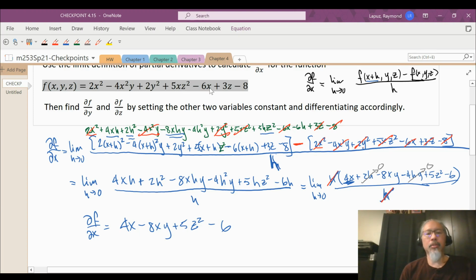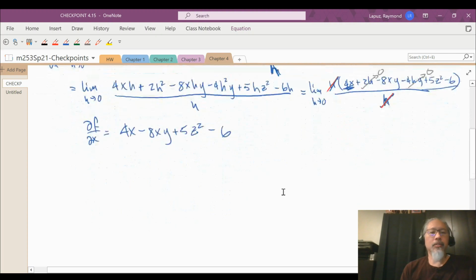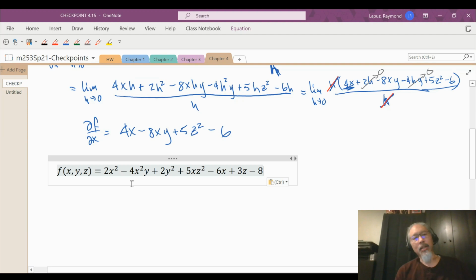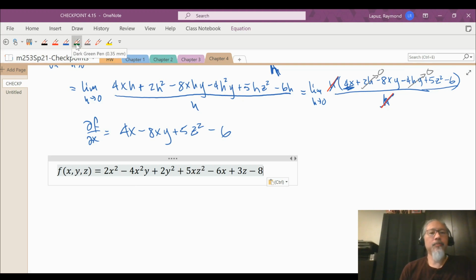The derivative of that is just going to be negative 6. 3z is constant, so the derivative of that is 0. And we have a minus 8, which is constant. So that's gone. So this is our derivative. Now, the way we just did the derivative that way was a lot easier, and that's how we're going to do the other two derivatives.